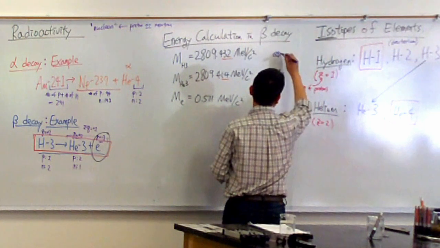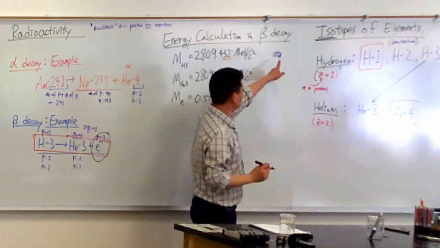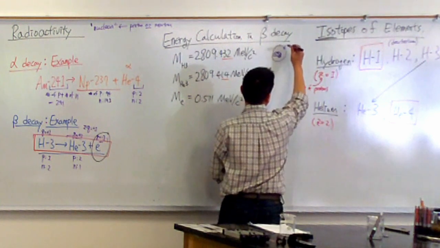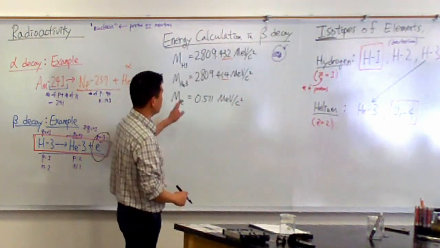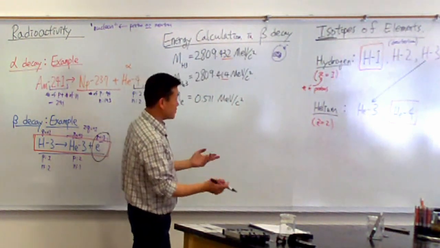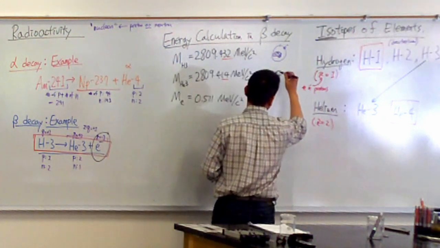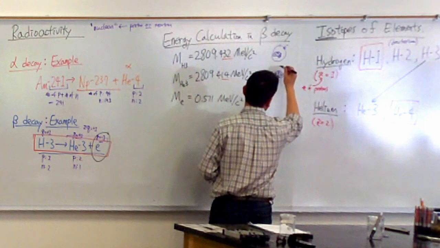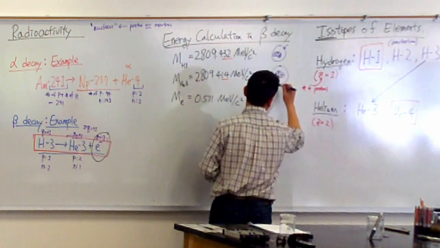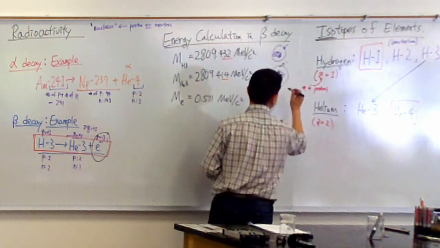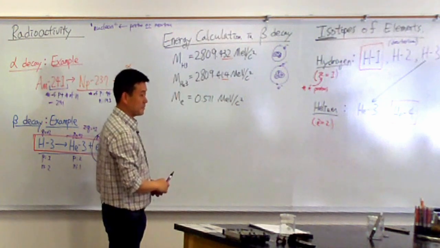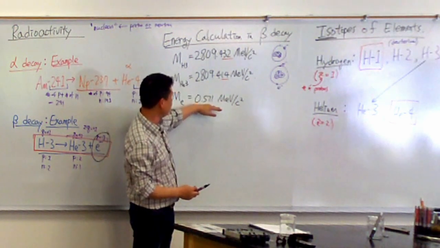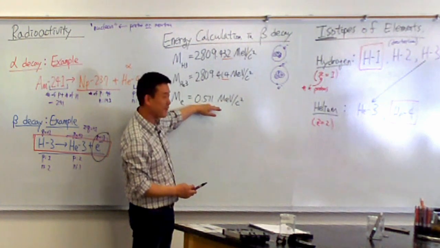And when you call something tritium, you are not just referring to the nucleus. You are also including the electron around it. When you call something helium-3, you are not just referring to the nucleus of 2 protons and 1 neutron. You are also referring to the 2 electrons around it. So this mass that's given here already includes the mass of the electron.